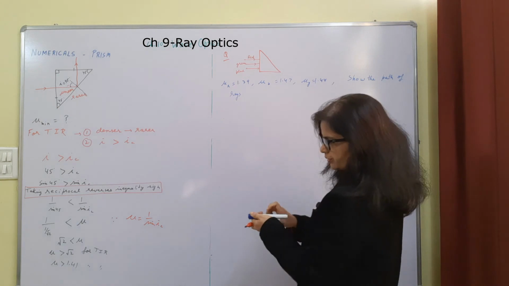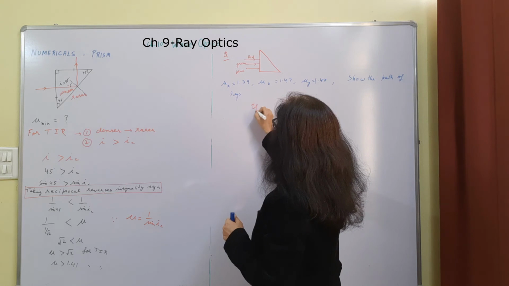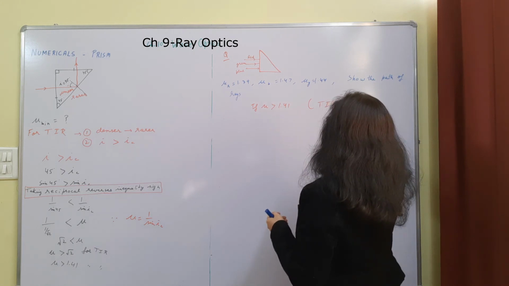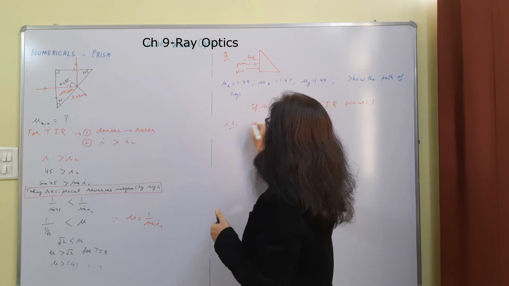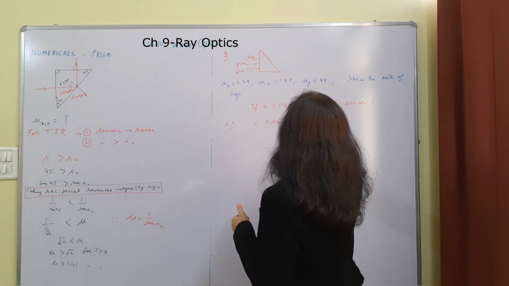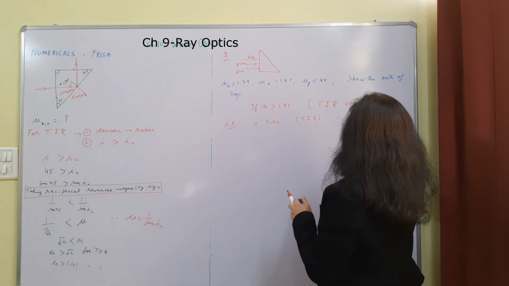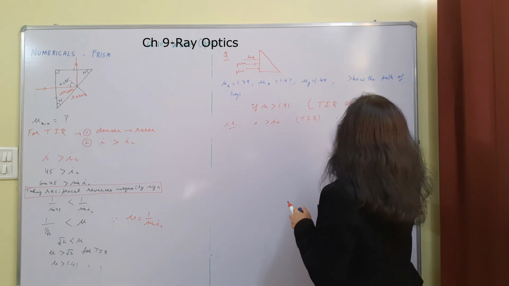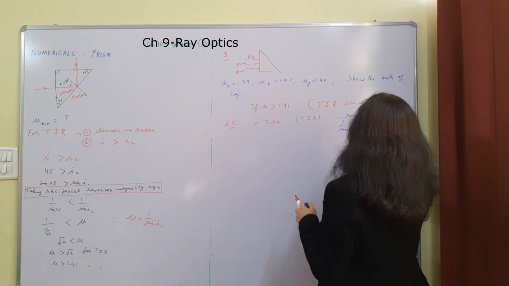By this calculation we know that if mu is greater than 1.41, then TIR occurs. Again, in such questions we need to show the calculation that we know that I is greater than IC, TIR. So therefore sin I is greater than sin IC, then TIR, that means 1 upon sin I is less than 1 upon sin IC.